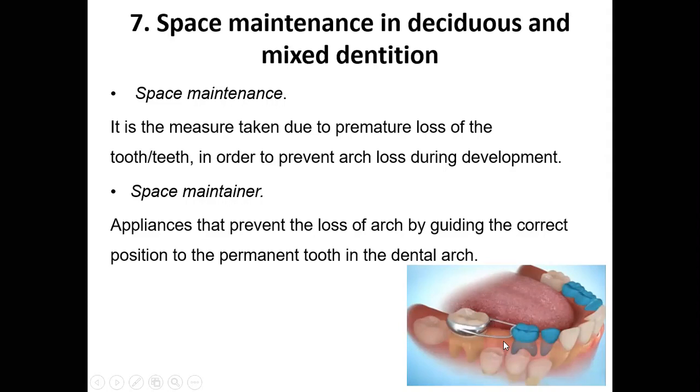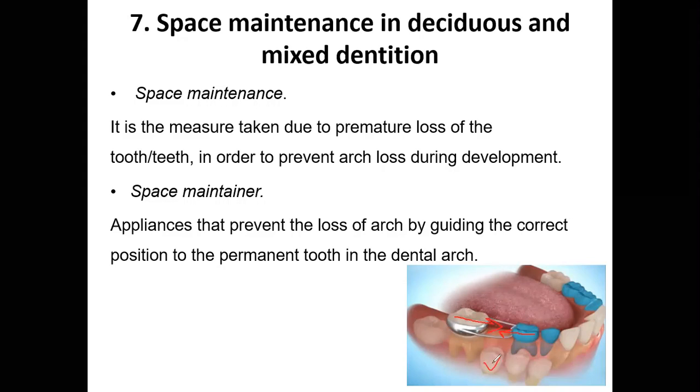Now, what do I know? That if this tooth is not here, then the teeth which are present adjacent to it will try to drift. For example, this is the empty space, and I'm not giving anything over here. What will happen? This tooth will drift over here, and this first permanent molar will also try to drift into that empty space. What will happen if they both occupy the space? What about this tooth?